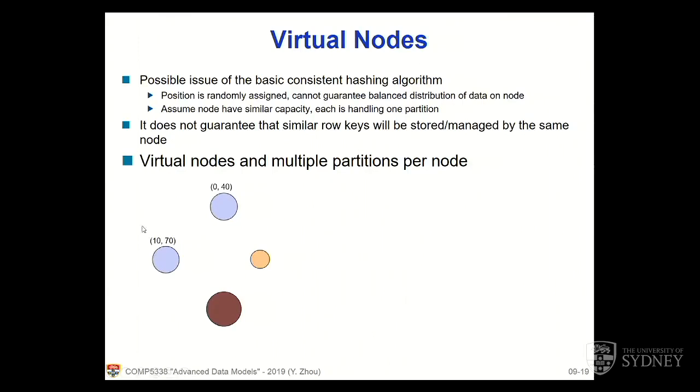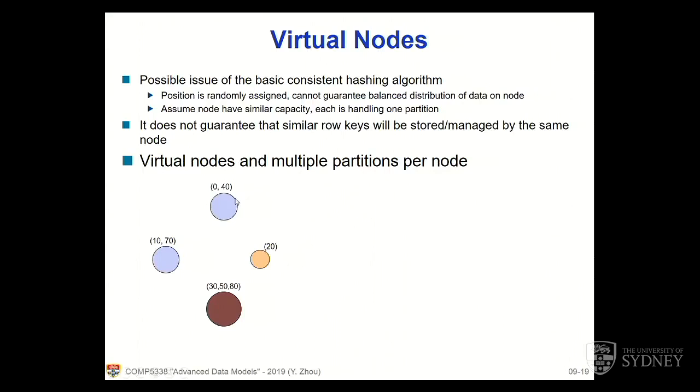So we probably give these two nodes 2 tokens, but of course that's just a toy example. In the real world, they might have a lot more. And then we give this node 1 token, and we give this node 3 tokens because it's the biggest node.